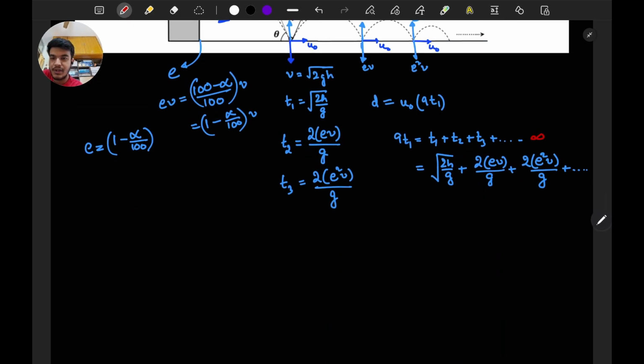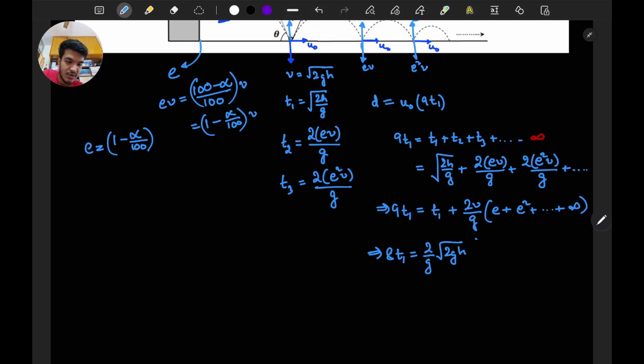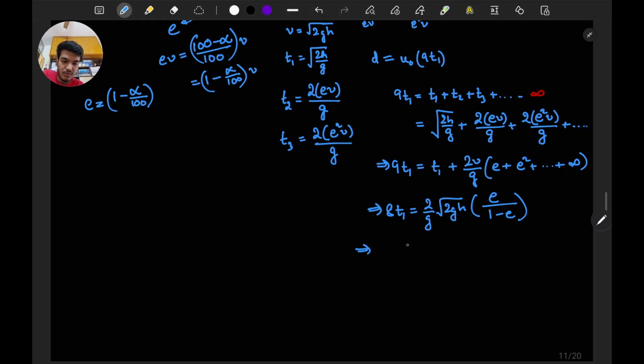So 9t1 is nothing but root 2h by g, which is also t1, so we can write t1 plus 2v by g times e plus e square plus dot dot dot up to infinity. So this is a GP. So 8t1 equals 2 by g into root 2gh, and it is e by 1 minus e. Easily we can say that this is a GP. So now what we can do is, this term right here is what?